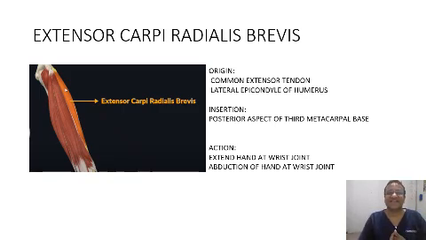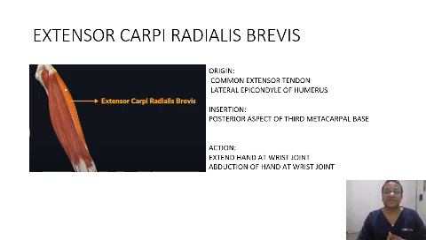It inserts on the posterior aspect of the base of the third metacarpal. This placement allows it to exert force directly on the wrist, contributing to extension and stability. Functionally, ECRB helps extend the hand at the wrist joint and also contributes to abduction of the hand.